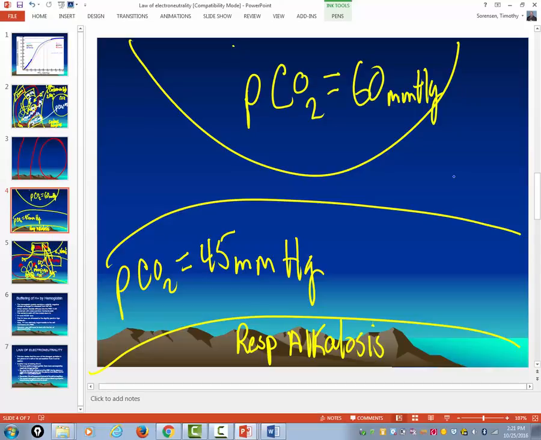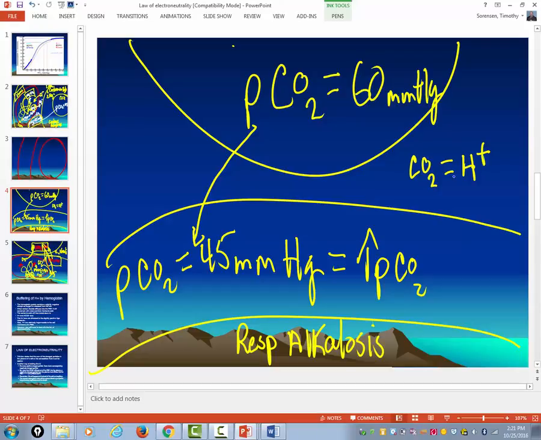If the PCO2 is 60, and your cells aren't any more metabolically active, CO2 will actually move back into the blood by pressure. The result is that it will increase your PCO2, or the amount of carbon dioxide dissolved in the plasma. And if CO2 is an acid, then if you increase the PCO2, you will increase the amount of free-floating hydrogen ions. And that will cause a respiratory acidosis.